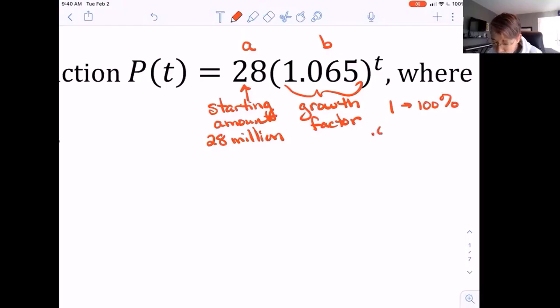And then that extra 0.065 means it's increased an extra 6.5%. So you have 100% of the original plus an extra 6.5% of the original. That's what we meant by it being in proportion to the amount that's already existed. That's why it's being multiplied by 28. So that's the rate at which it's growing every year.